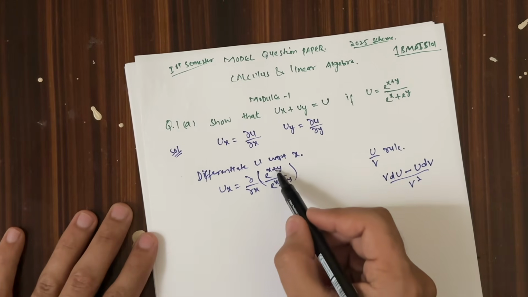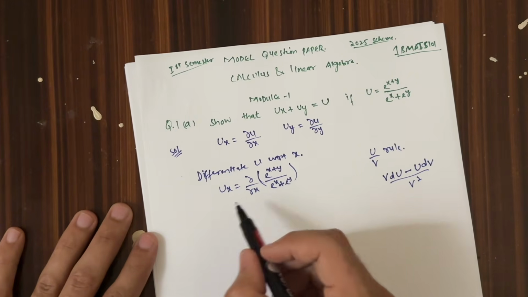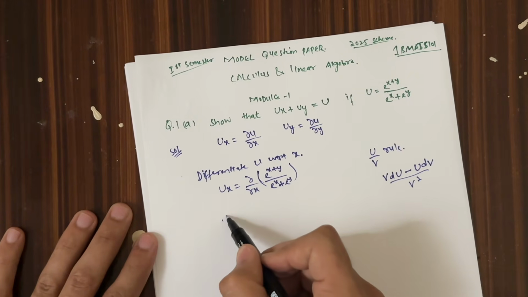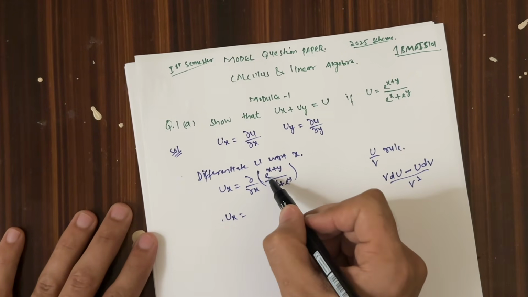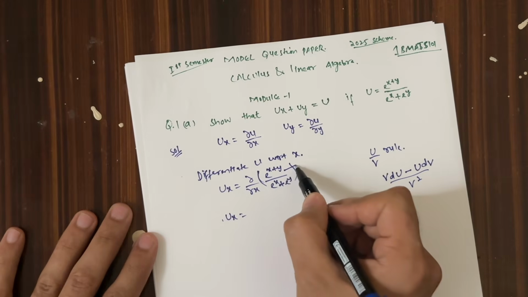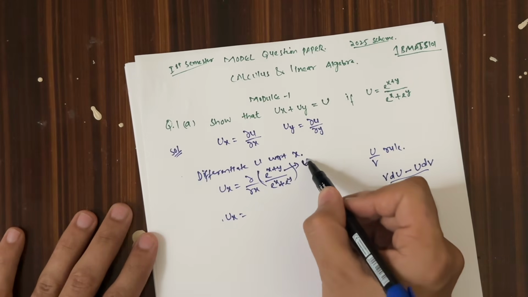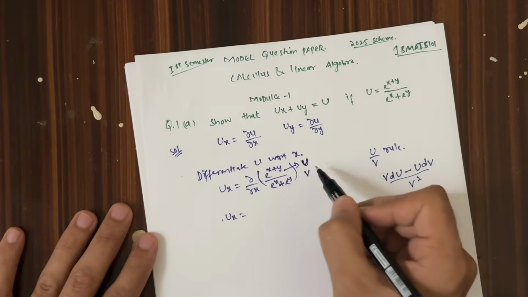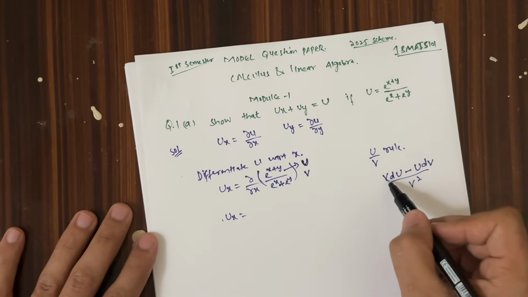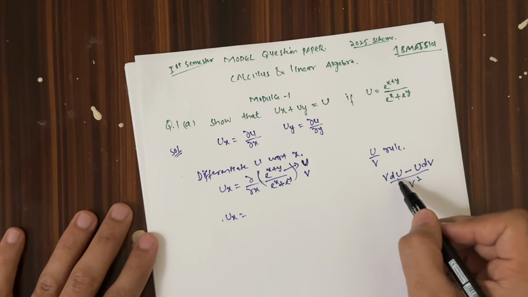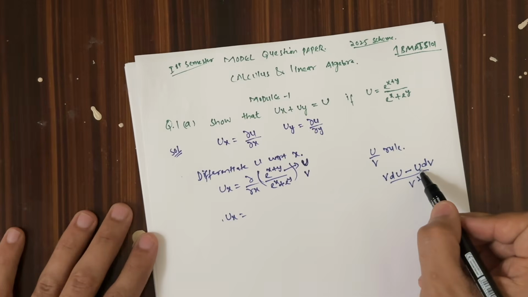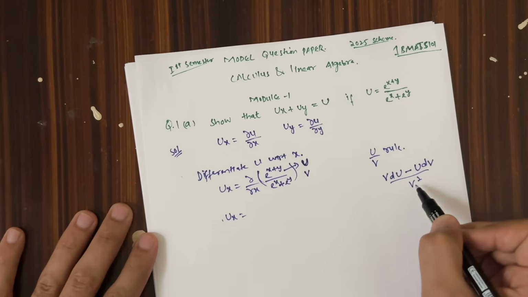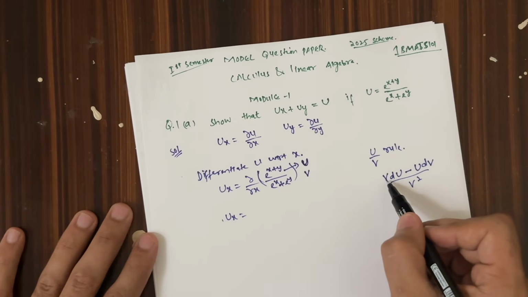So here we have u in the form of u by v. We will differentiate accordingly. So ux is equal to, this is u and this term is v, right? So accordingly you have to differentiate with respect to the formula, v du minus u as it is, differentiation of v, divided by v square. First of all, we will keep this v as it is.